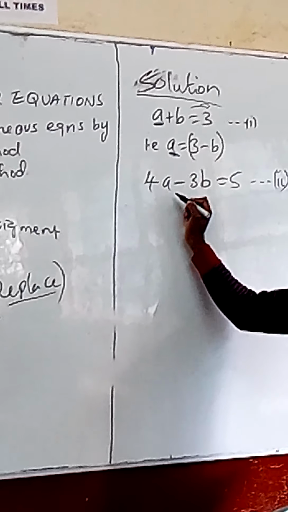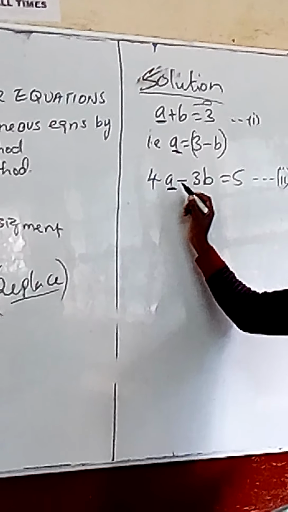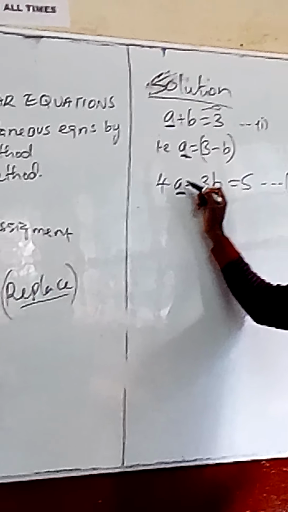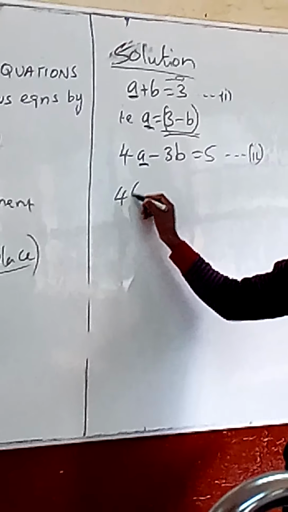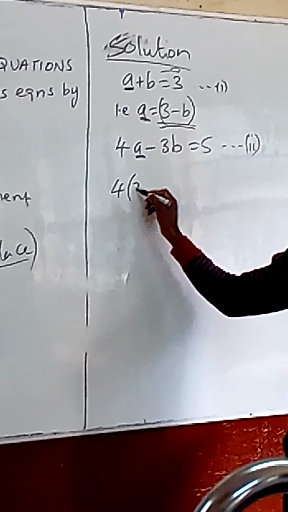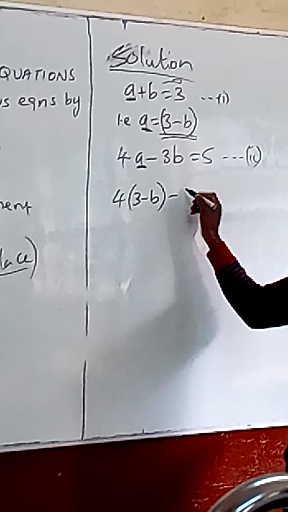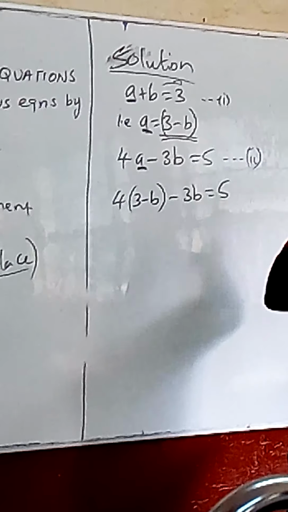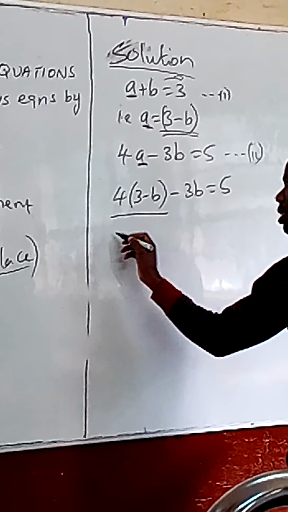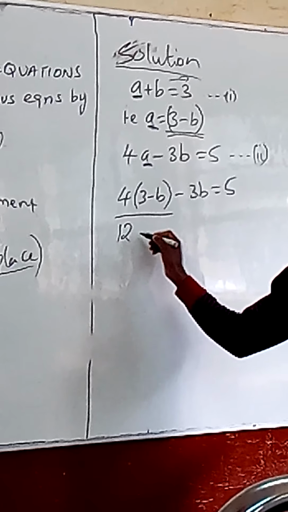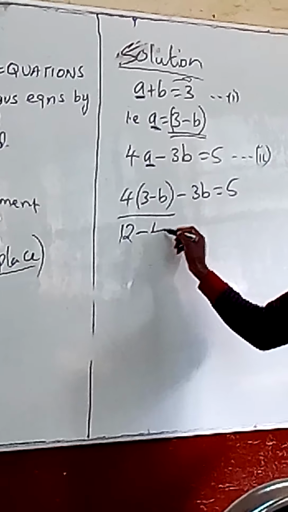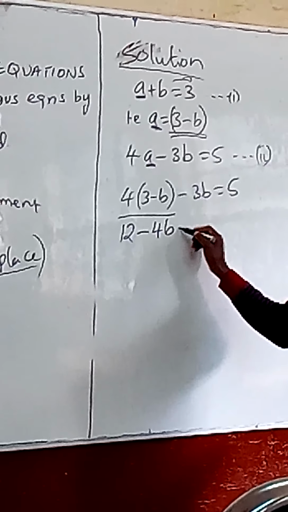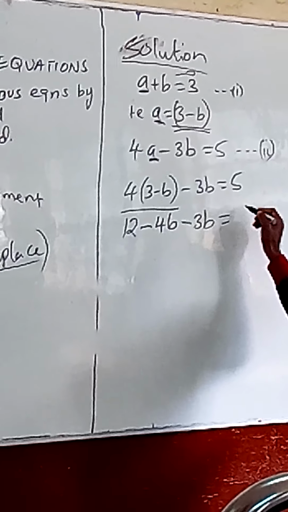So in equation 2, where you have a, there is no need of writing a. Replace a with this. So for a is 3 minus b, minus 3b is 5. Then open this. 4 times 3 is 12 minus 4 times b is 4b minus 3b is 5.